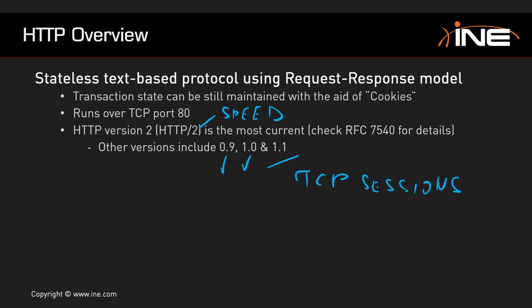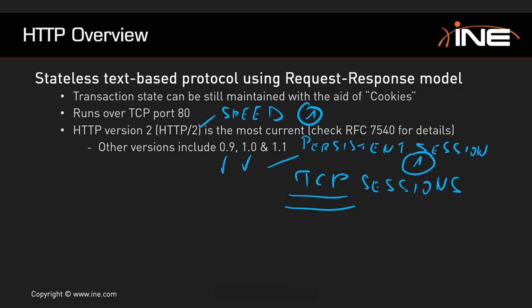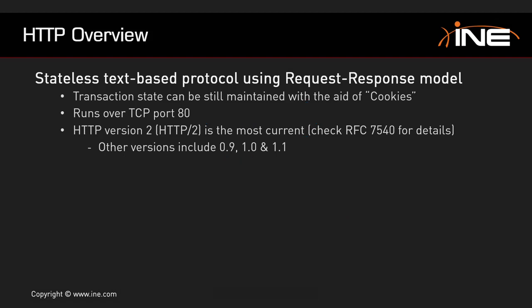With version 1.1, this changes because we have a concept of persistent sessions, which allows us to use just one TCP session to perform all transactions within a single HTTP session. And this is, of course, also used by version 2 of HTTP. Just one TCP session is needed to deliver the entire content of a website to the client.